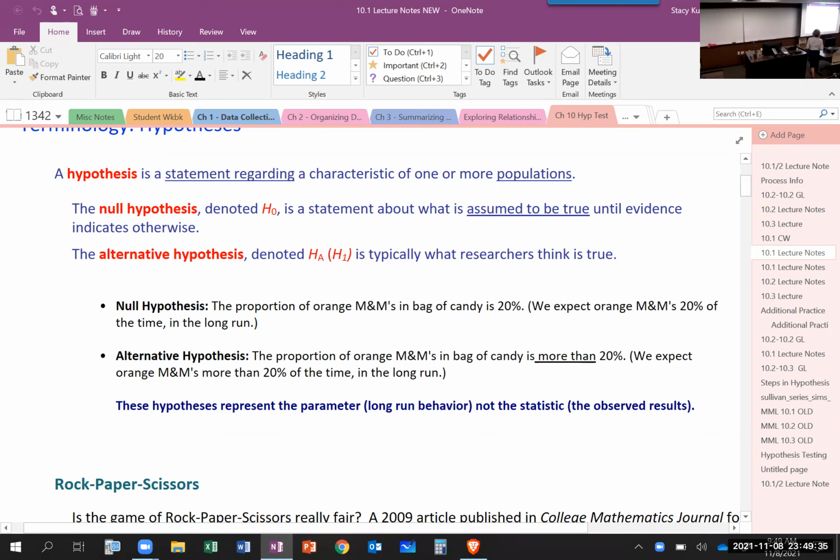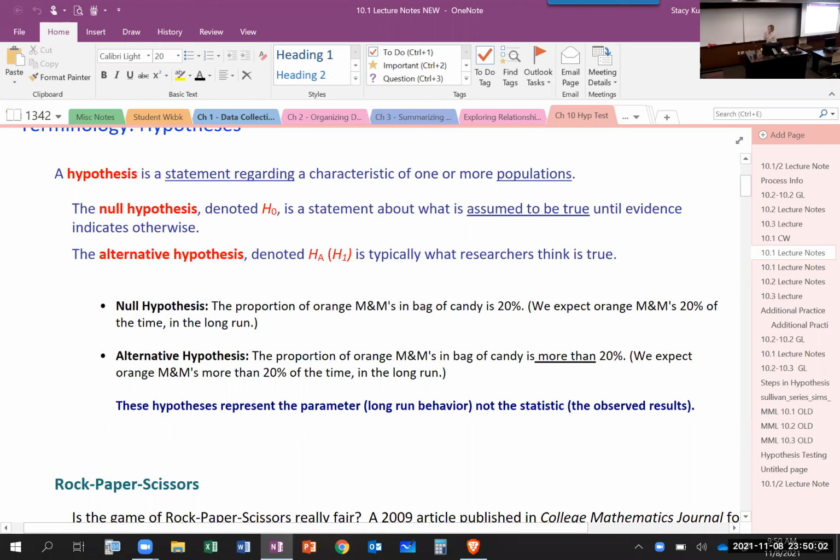Okay. Now, if we put this in terms of our proportion, our experiment that we just had on confidence intervals with our orange M&Ms, our null hypothesis would look something like the proportion of orange M&Ms in a bag of candy is 20%, right? That's our null hypothesis. That is a statement about the population's parameter.